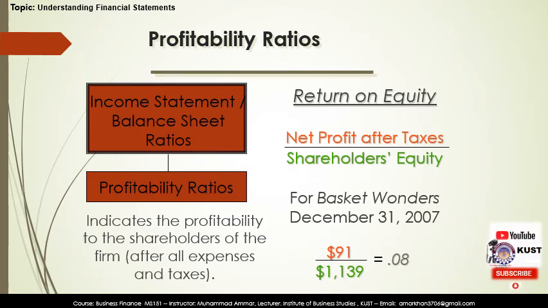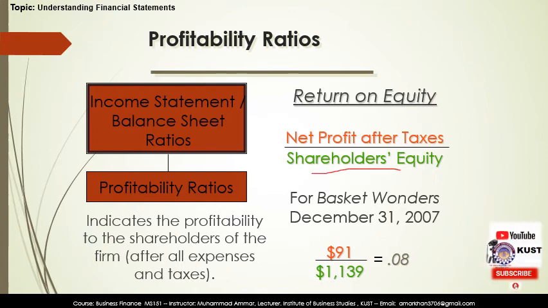So the next ratio for profitability ratio is the return on equity. This is also called an income statement and balance sheet ratio. So we see net profit after tax divided by shareholders' equity.